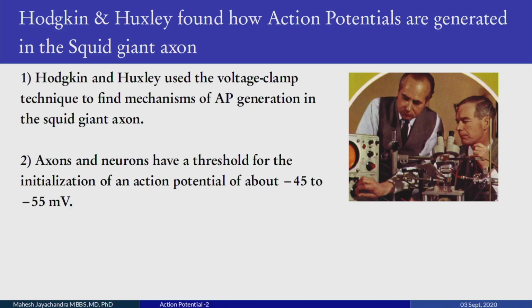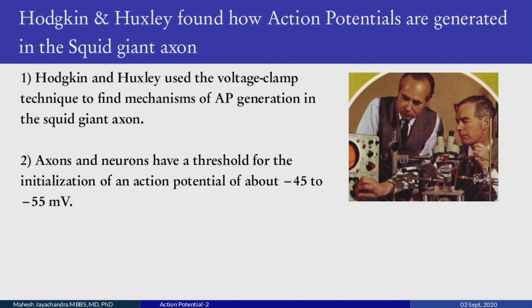So they used the voltage clamp technique, which was developed by Kenneth Cole at Woods Hole in Massachusetts, to find mechanisms of action potential generation in the squid giant axon. So this is one of the nice things about science, that people collaborate and are very generous and share their techniques, and advances occur.